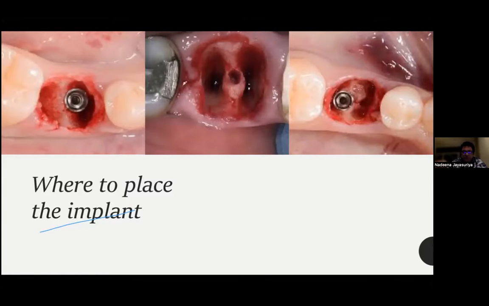And putting it in the middle point of the socket is technically demanding. But if you let this first molar extraction site heal for 3 months, then you will have good sound bone, and you can nicely predict exactly where your implant is going to be. So these are the disadvantages if you are going to put an immediate extraction implant.